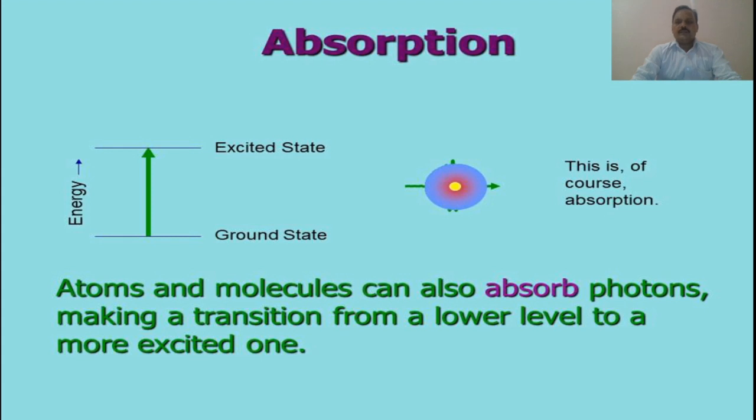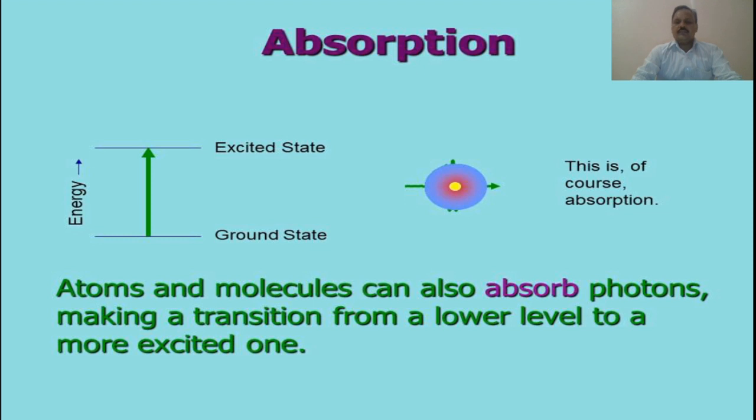What is meant by absorption? Generally, atoms are present in the ground state, which is the lower state. But when an atom absorbs suitable energy, it goes to the higher state, which is called the excited state.